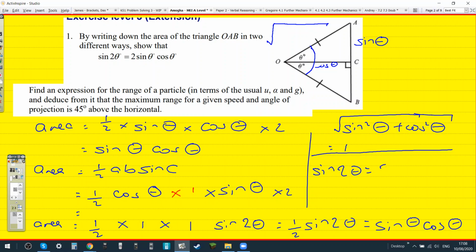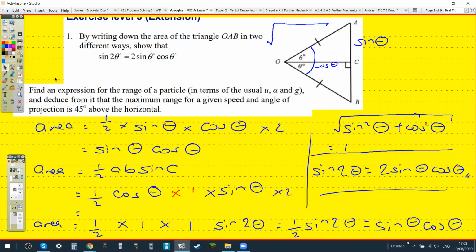Yeah, so you use a half times base times height times 2, and then a half AB sine C, make them equal to each other, and make sine 2 theta the subject.